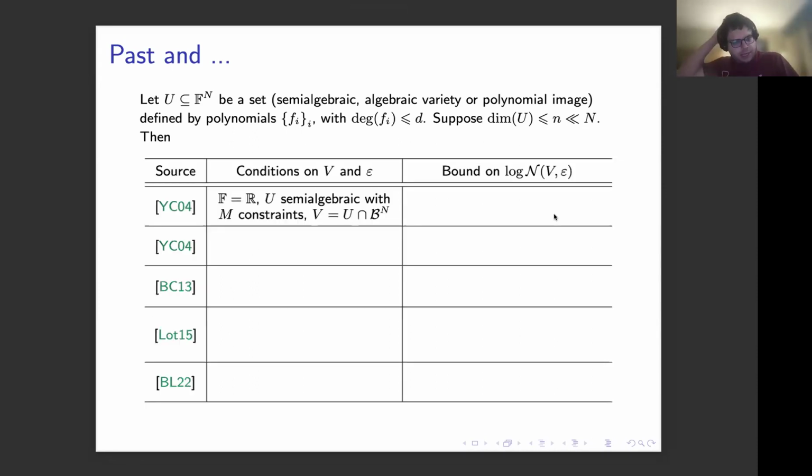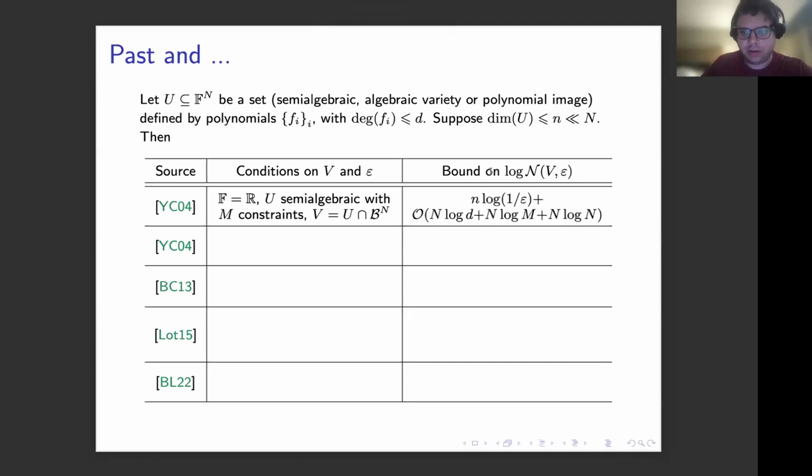So Yomdin and Comte gave results for general semialgebraic sets in R^n with m constraints, and when we talk about covering numbers, we need bounded sets, so we're going to intersect the set U with the unit ball. This B_n is the unit ball.